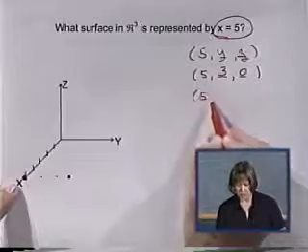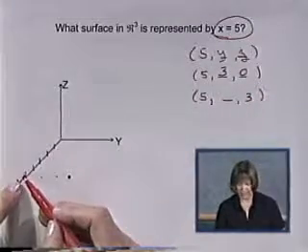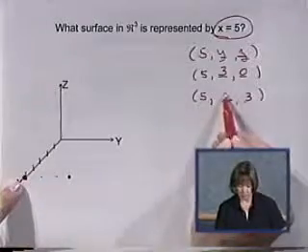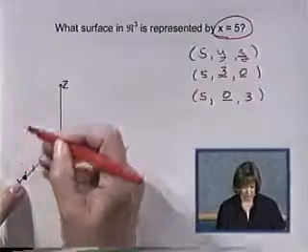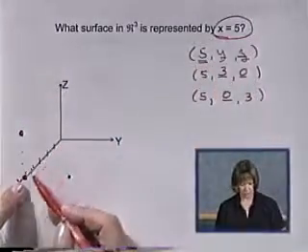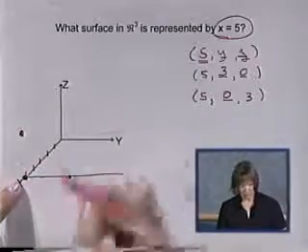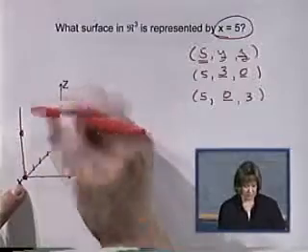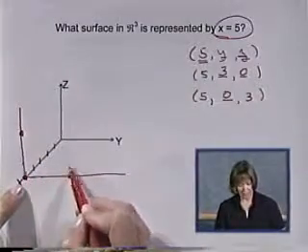Or you could let x be 5, go over 5, and let y be 0, in which case I'm not going over at all, and then up 3. So with all of these, first x has to be 5, so you have to go over 5 for the x, but y could go over this amount, any amount, or z can go up this amount, or we could have y be something and then z something.